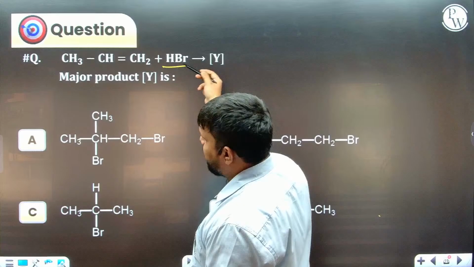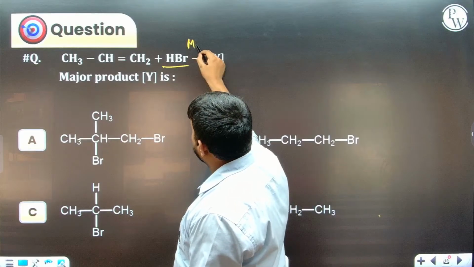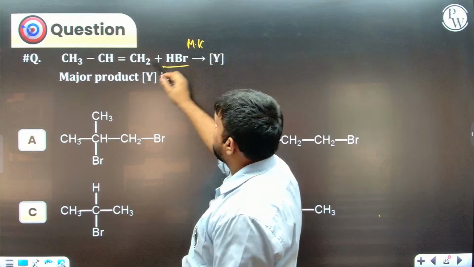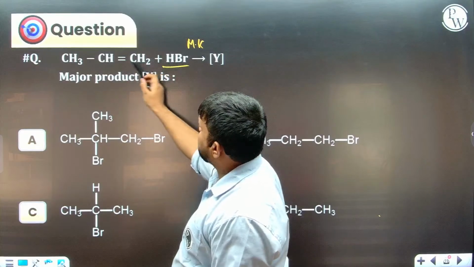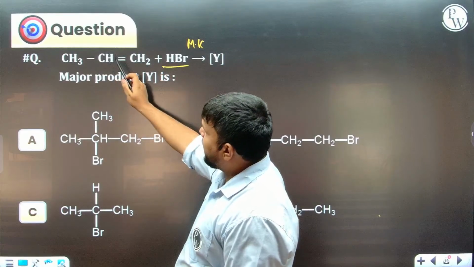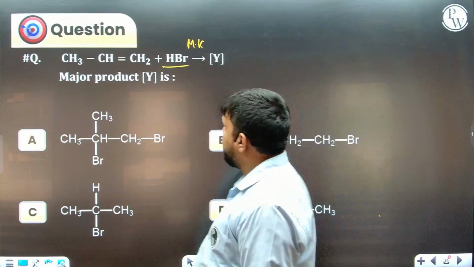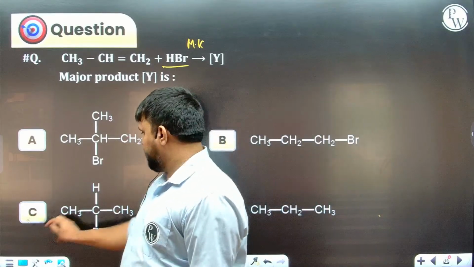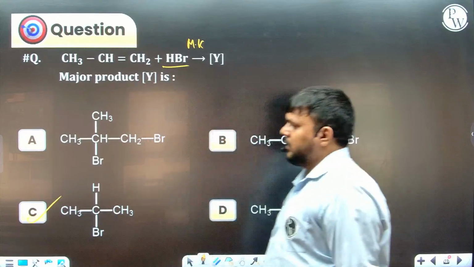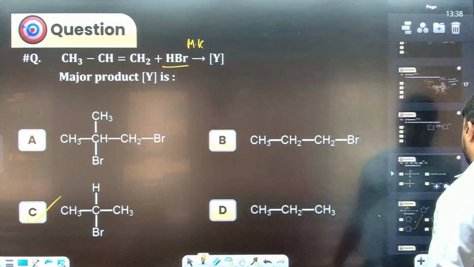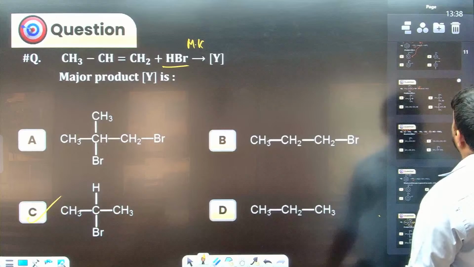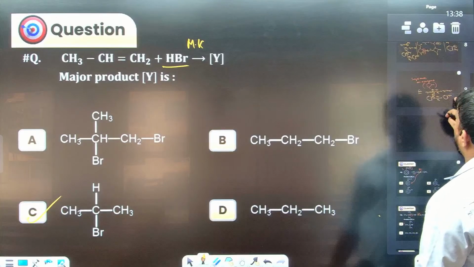We are not having peroxide, so this is also Markovnikov rule over here. And so hydrogen will be attached to this position, bromine will be attached to this middle position. So our answer will be this C option over here. Next, let us move forward now.